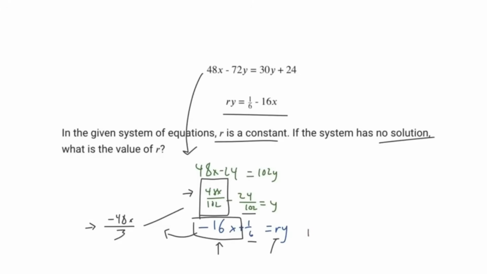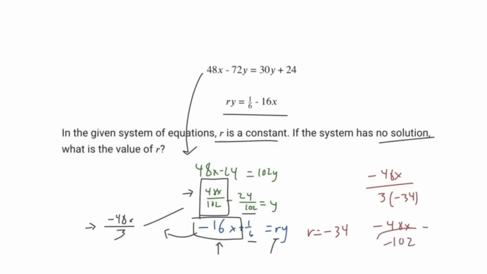If we set R equal to negative 34, let's see what happens. So we get negative 48x divided by 3. So we're going to divide everything by negative 34. And that's the same thing as multiplying the denominator here by negative 34. So we'll get negative 48x over 3 times negative 34 is negative 102.